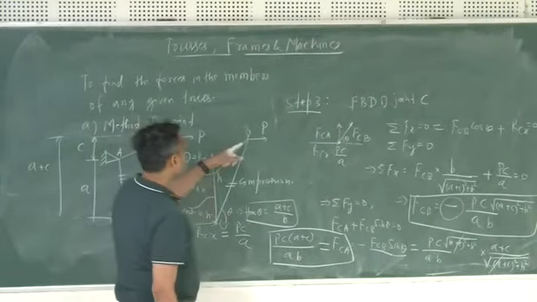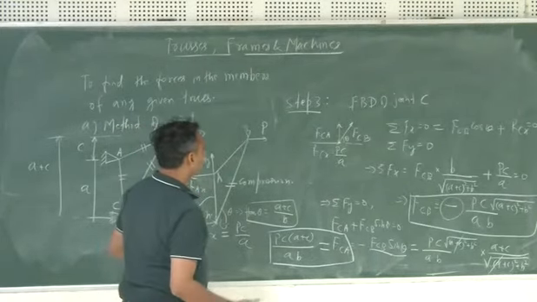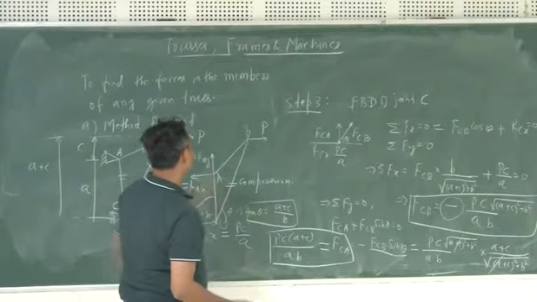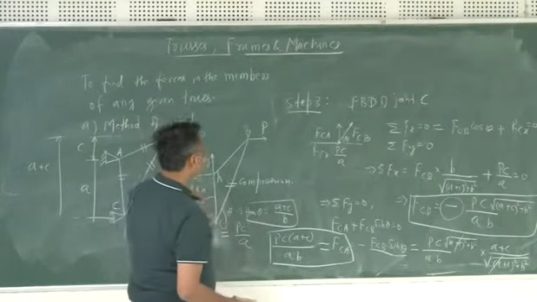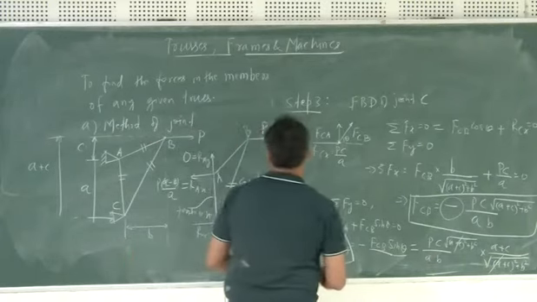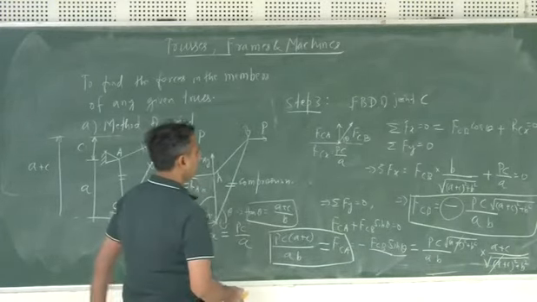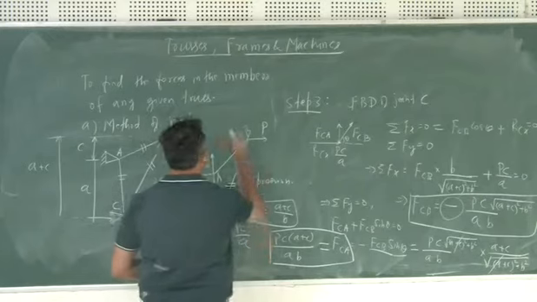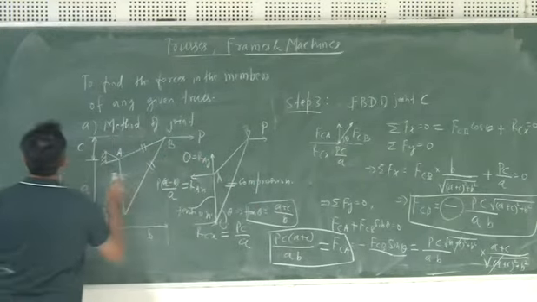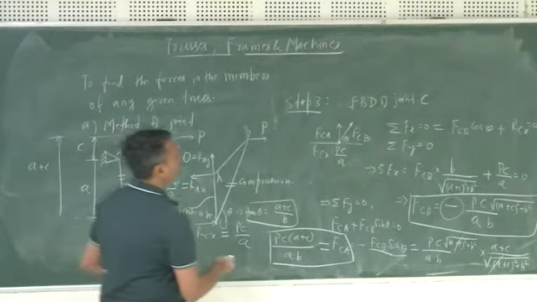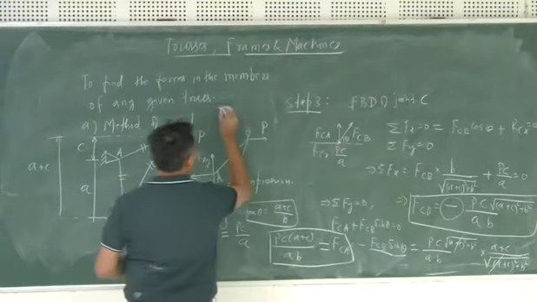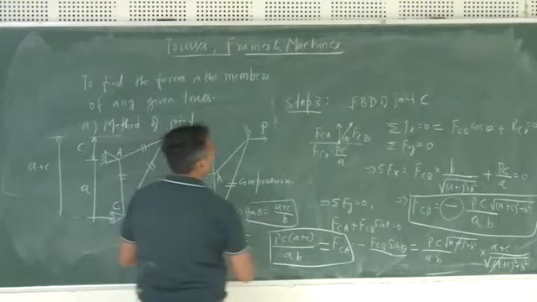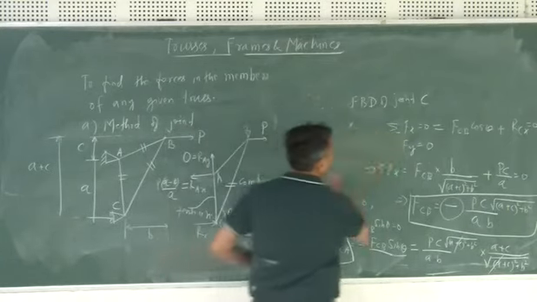Similarly, now you can find out the forces in this direction. So to find the force in this direction, what you will be doing? FBD of joint A. If you take, so what are the forces? Again, forces over here are, I will just write somewhere here, let me first write the forces.